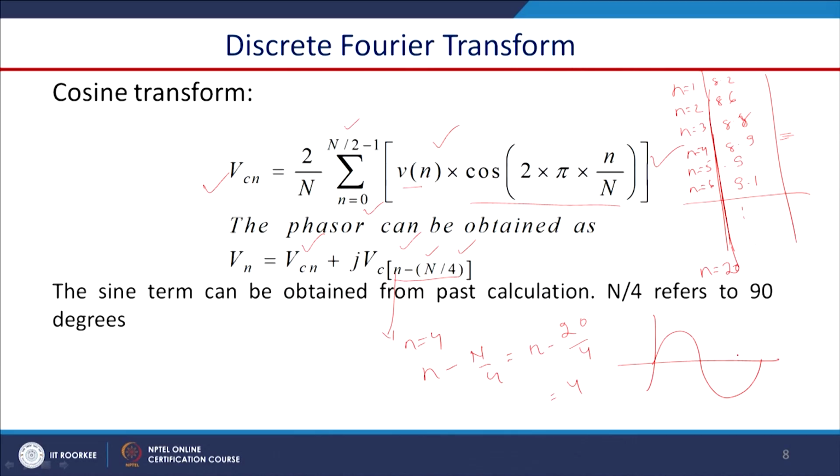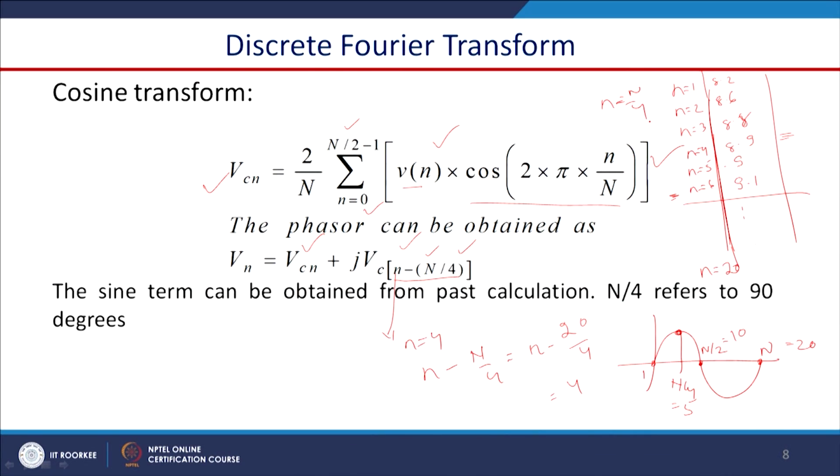If I have the signal, here is my n by 4, here is my n by 2 and here is my n. The number of samples here is n by 4, here n by 2 and here n. This is 20 samples, here it is 10 and here it is 5, starting from 1. Now, I have to start from n is equal to 6, because I have to go back 5 samples.